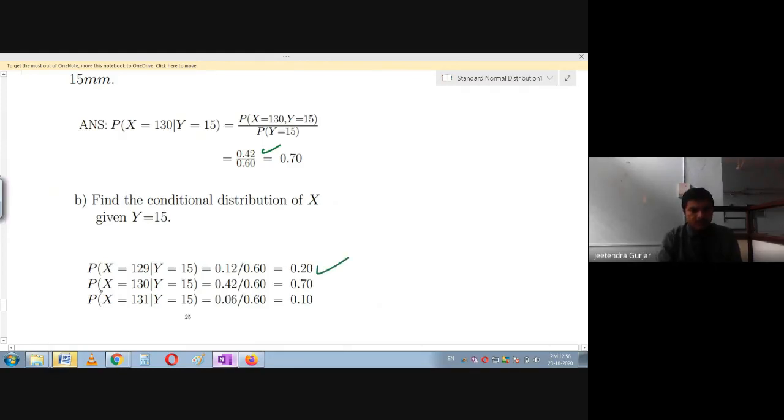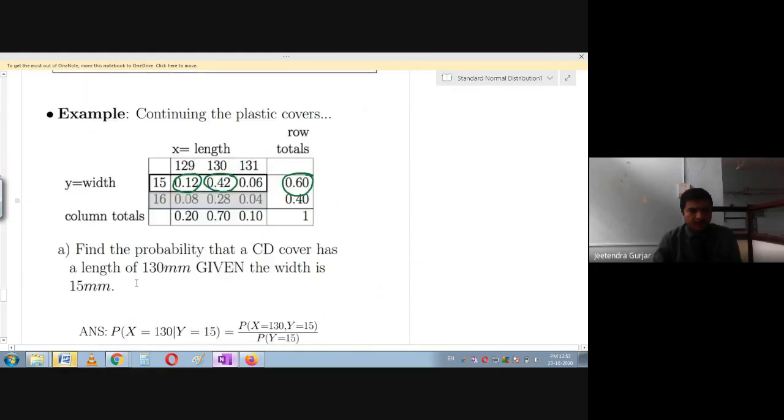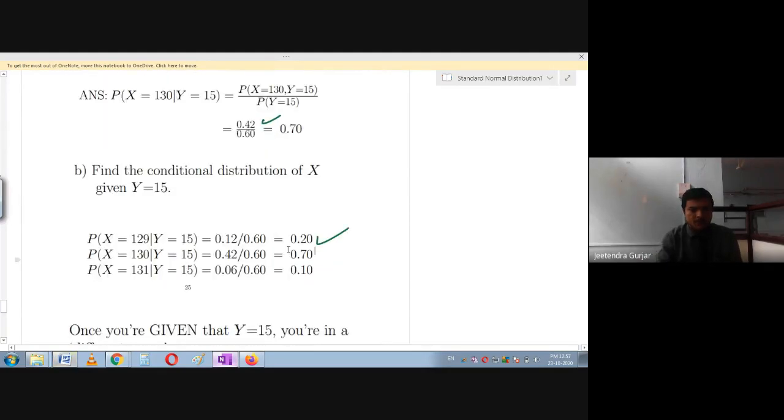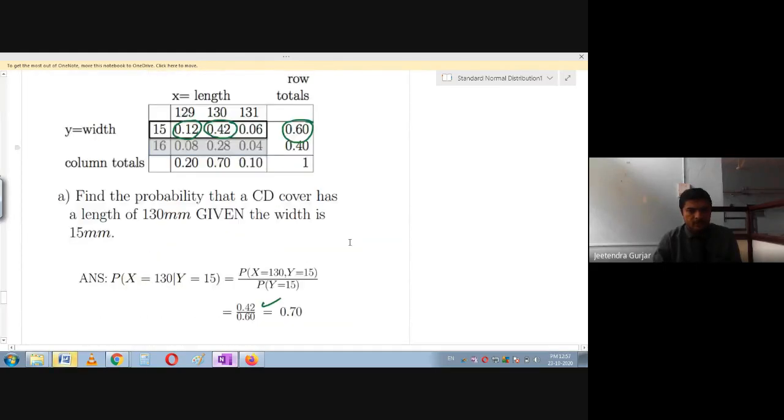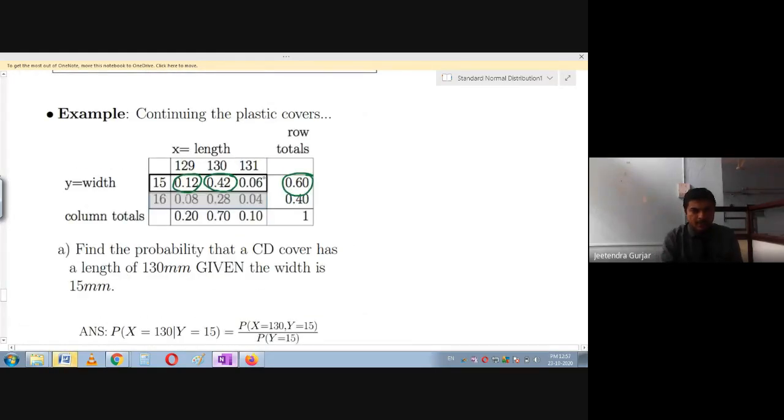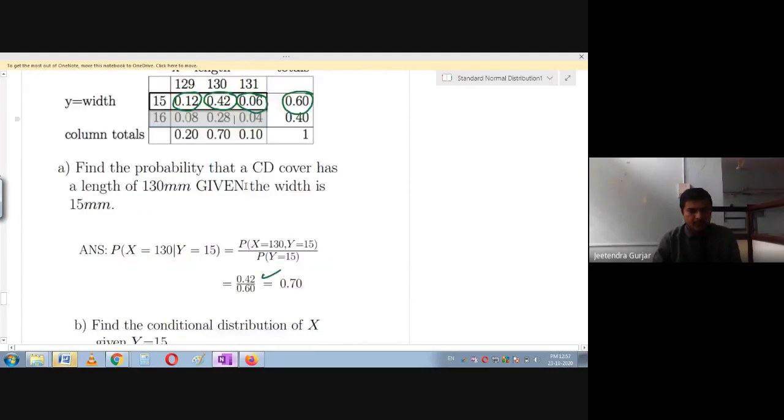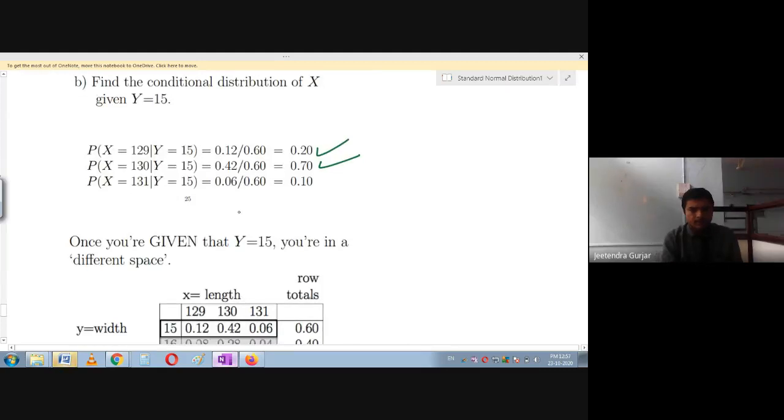Similarly, for x is equal to 130, it is 0.42 divided by 0.6, so we get 0.7. For x is equal to 131, it is 0.06 divided by 0.6, which gives 0.1.